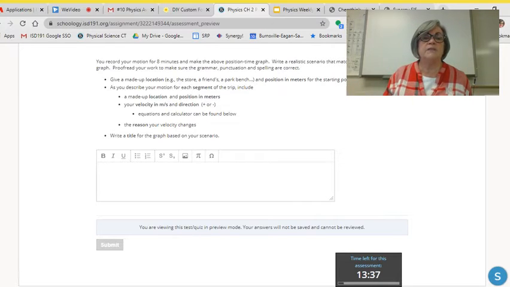A lot of you didn't give me velocity, and velocity is meters per second with direction. So you'll use either a positive or a negative sign, unless it's 0, and tell me what the velocity is in meters per second. And then the reason that your velocity changes. So I started at my house and I started walking toward my mom's house because she's making cookies today. All right, so you're going to do that for each segment.